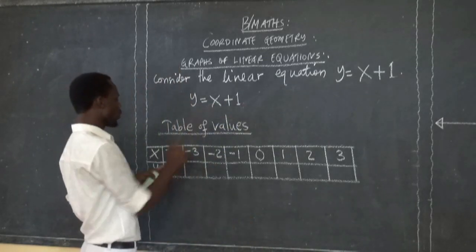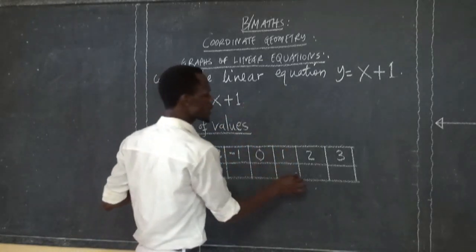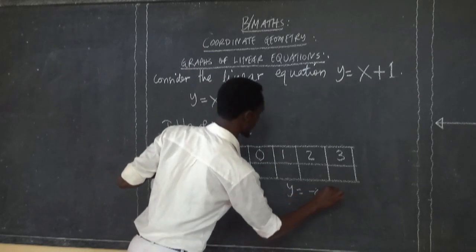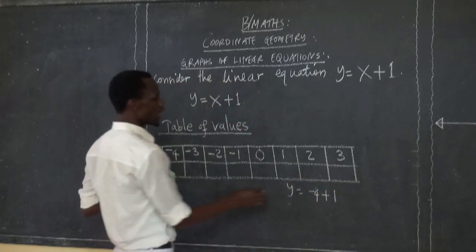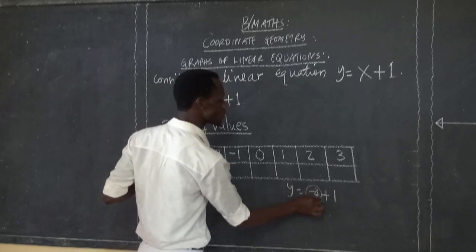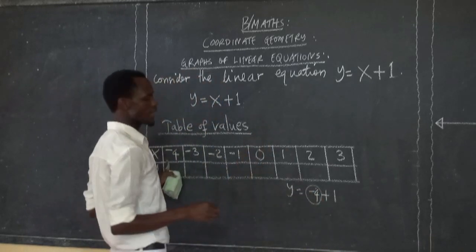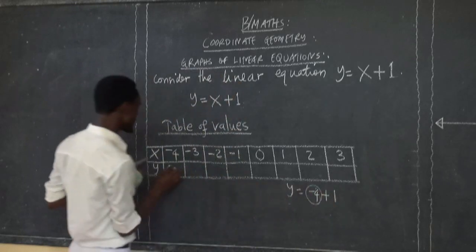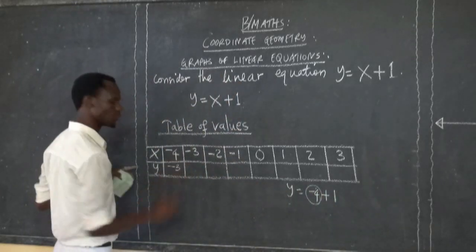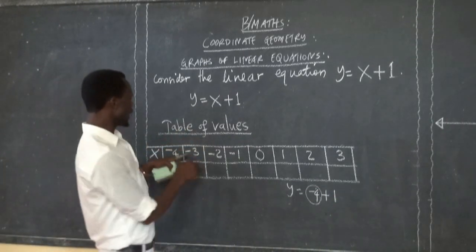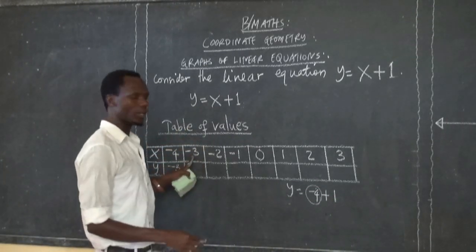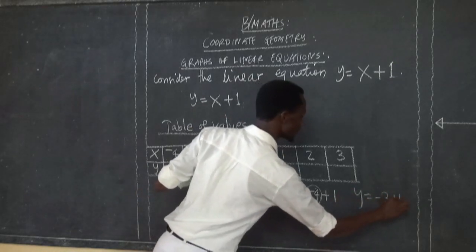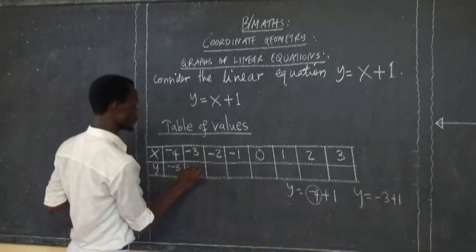If x = -4, then y = -4 + 1, because where there is x, I have substituted -4. So y = -3. Then where there is x, you put -3, so y = -3 + 1, which is -2.